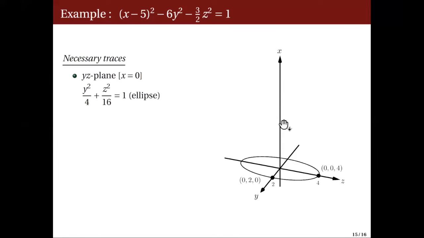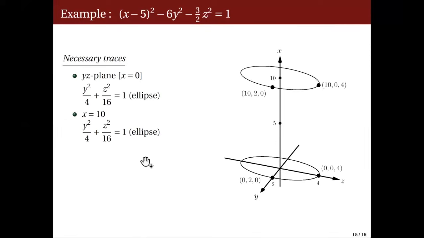That is 5 units from the center. And 5 units from the center above is x equal to 10. So taking the trace on x equal to 10, that will give you this equation of the ellipse, which clearly is of the same size as the ellipse we obtained on the yz plane. So you just translate this ellipse 10 units upward, we get this trace on x equal to 10.